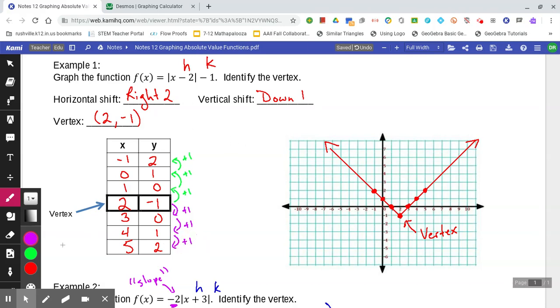And if you go back to your equation, you notice at the beginning, we don't see a coefficient in front of our absolute value, and we know that the understood coefficient is always 1. And if 1 is our coefficient, then we can think of that as our slope.